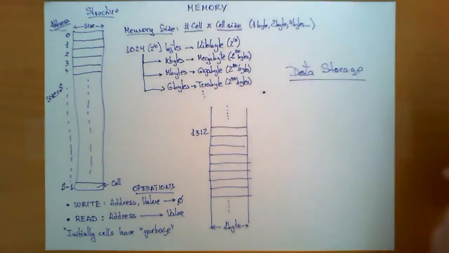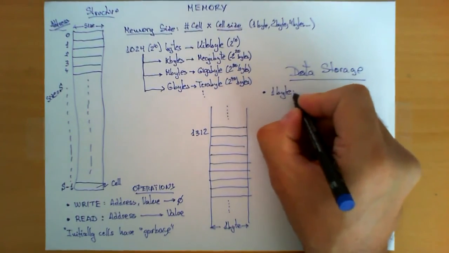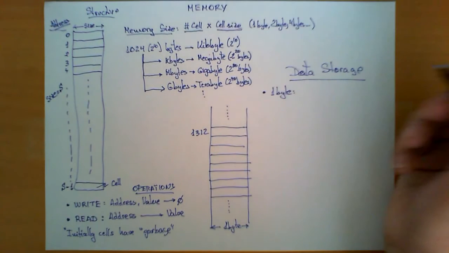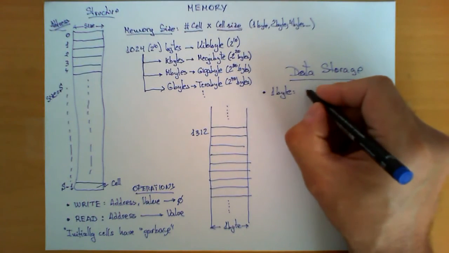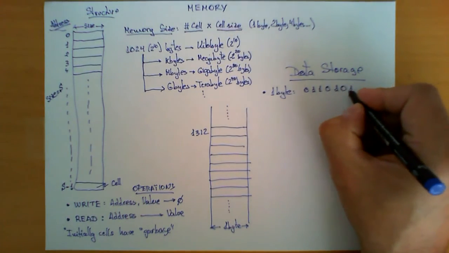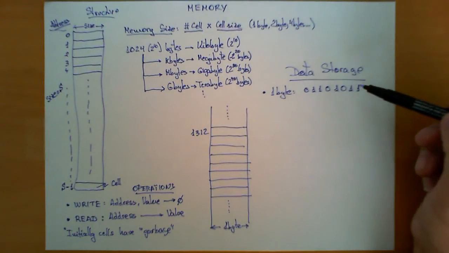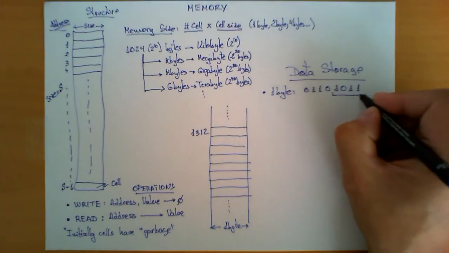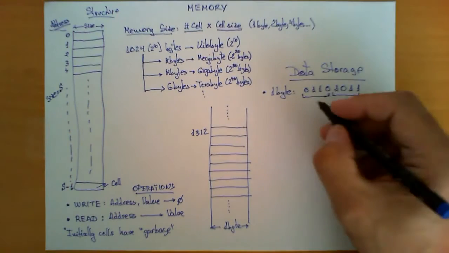Let's see the easiest one. How do we store 1 byte in memory? Well, this is a piece of cake, right? 1 byte, we say, is 8 bits, and the byte could be represented by the 8 bits, let's say 0, 1, 1, 0, 1, 0, 1, 1. But you'll agree with me that this is a little bit cumbersome to manipulate, and the trick we learned before is that we can group these bits in groups of 4 and translate them into hexadecimal notation.